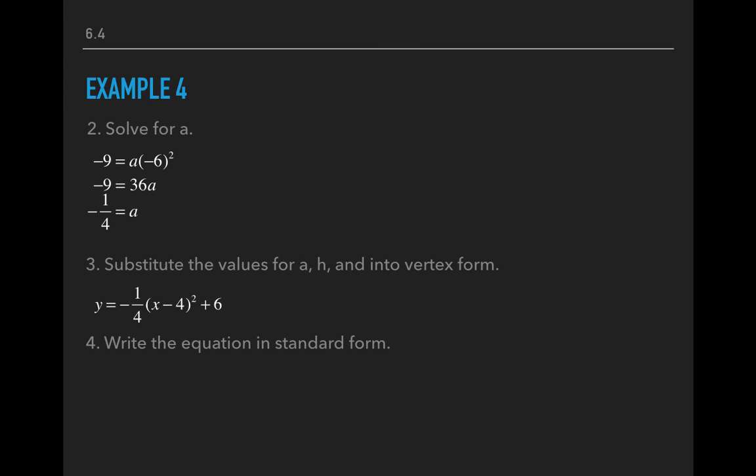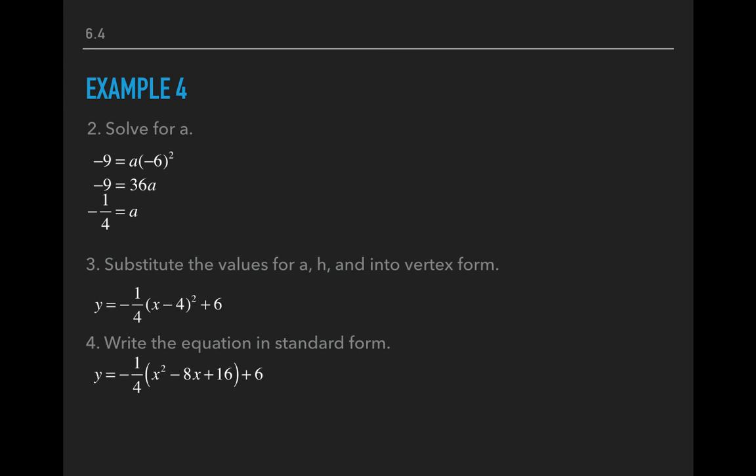If it didn't specify, you could just leave it like that. But to write it in standard form, we have to have ax squared plus bx plus c. That means that inside of those parentheses, we're going to have to expand that by singing the song. Take the first term squared, take the second term squared, take the first times the second times 2.